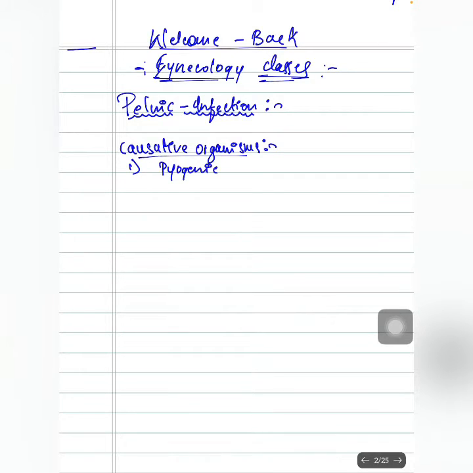Firstly, we will see the pyogenic cause, which accounts for 50% of the causative factors. This is the most common type, and the organisms responsible are aerobes and anaerobes.